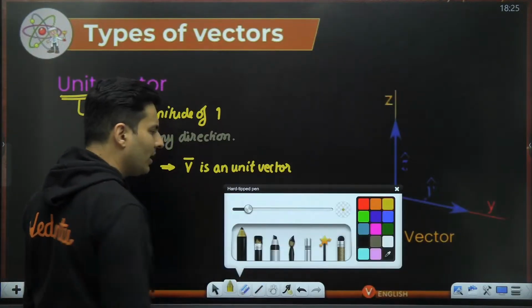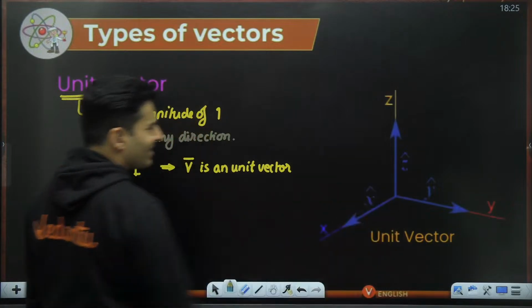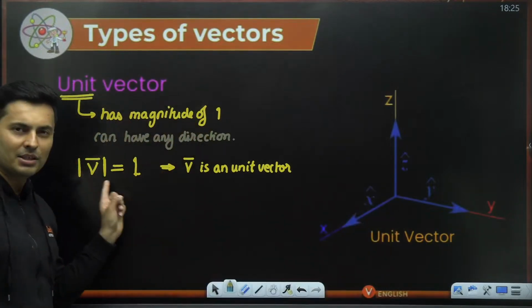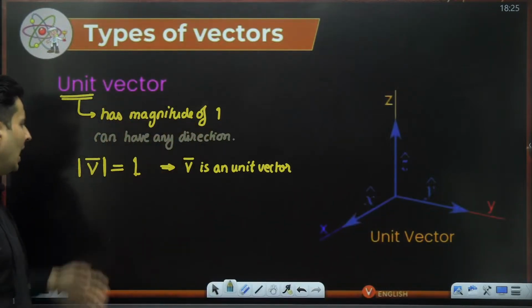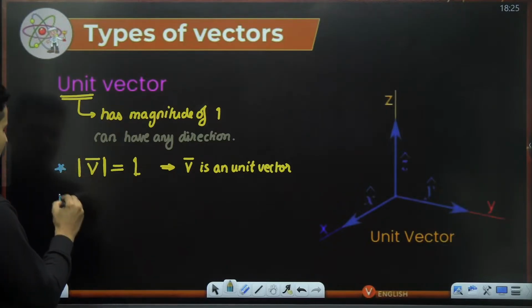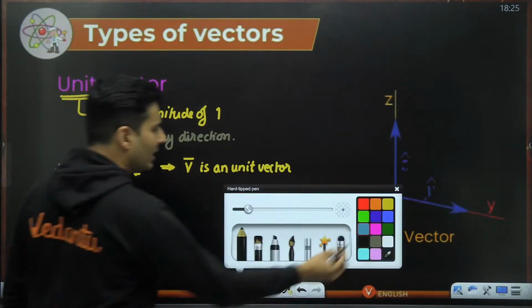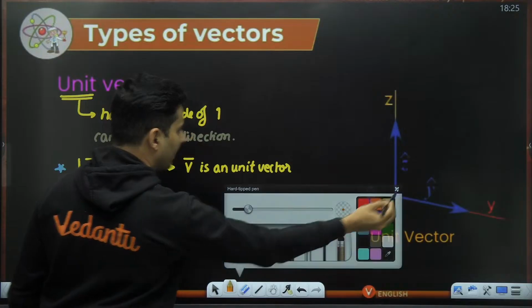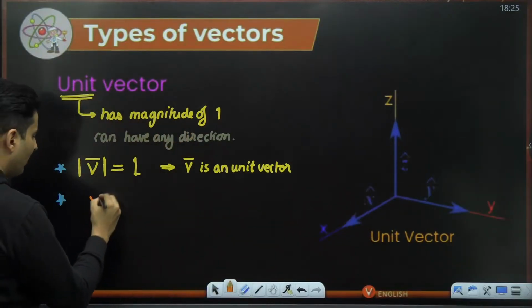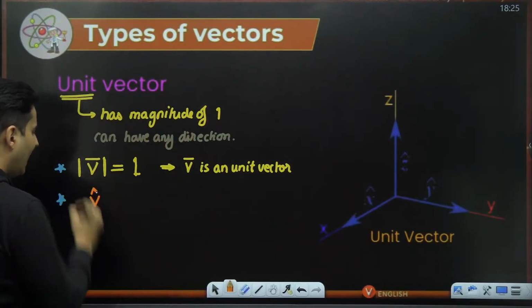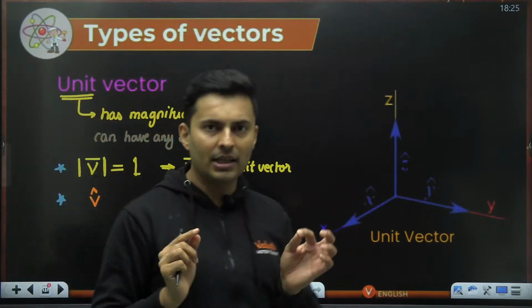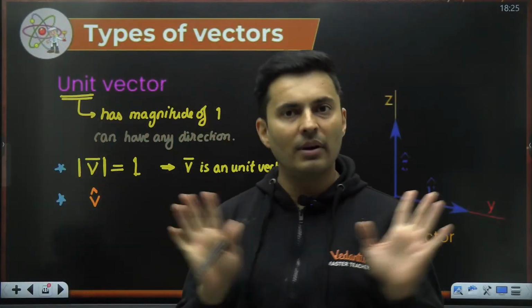But sometimes I don't like to always say these many words or use these many symbols. I can just use a simple way of representing a unit vector, and that is, for example, v hat. V hat means it's a vector whose magnitude is 1.